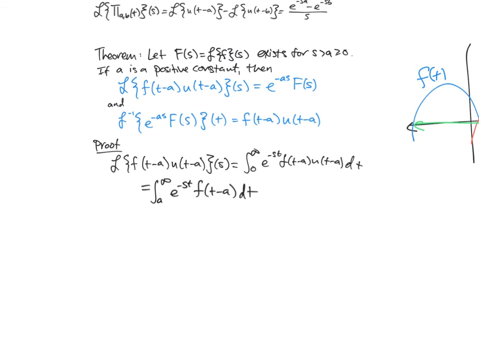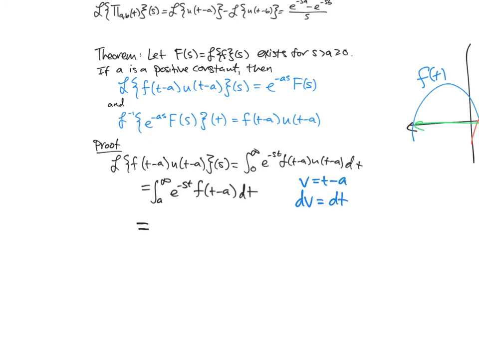We're not going to do a u substitution because we already have a u, so I'm going to do a v substitution. I'm going to let v equal t minus a, and then dv is just going to equal dt.